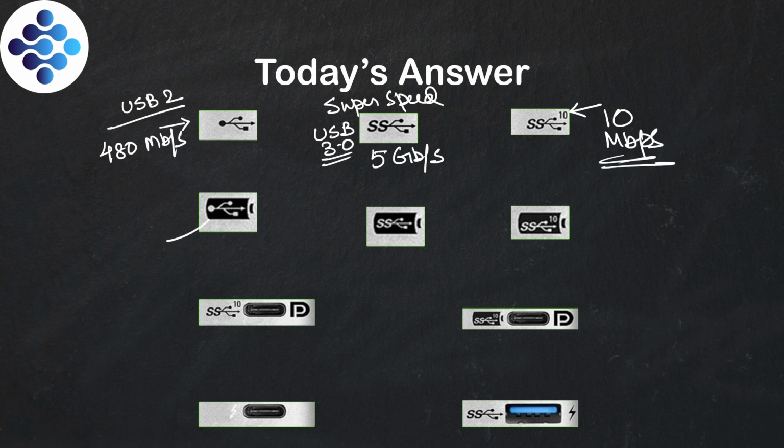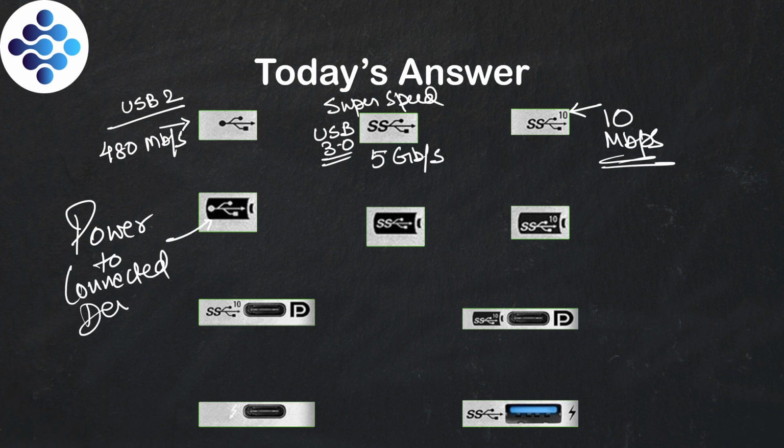This symbol of a battery suggests that this port will give power to the connected device. So over here, this is USB 2, this is USB 3, and that's USB 3.1. So it gives power to charge the connected device.